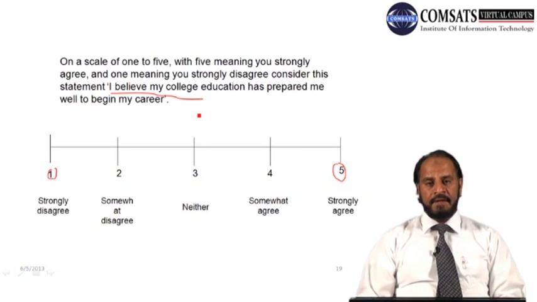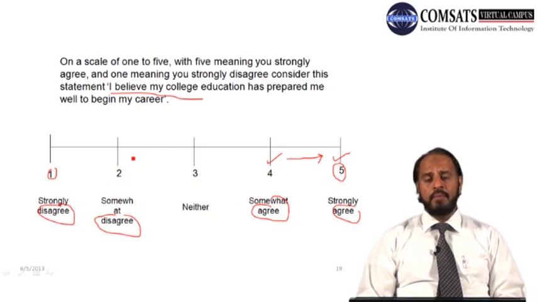If you say you agree that this statement is true, it is different from strongly agree, because there's a difference between agreeing and strongly agreeing, and likewise between disagreeing and strongly disagreeing. So this is giving you more information.